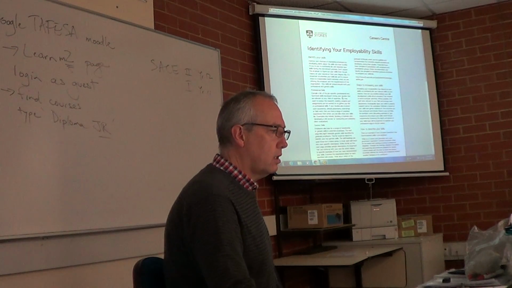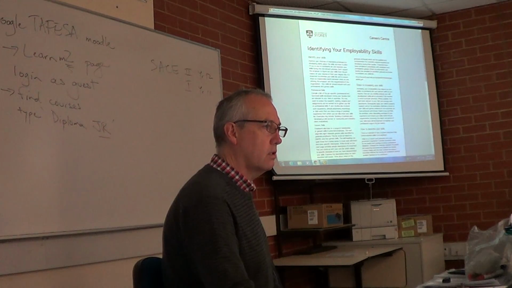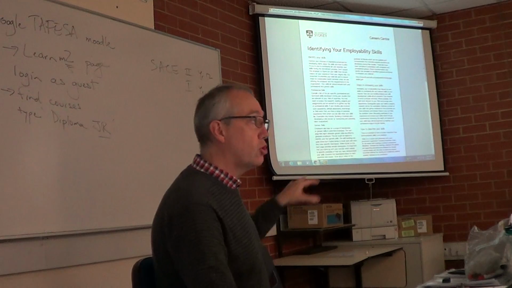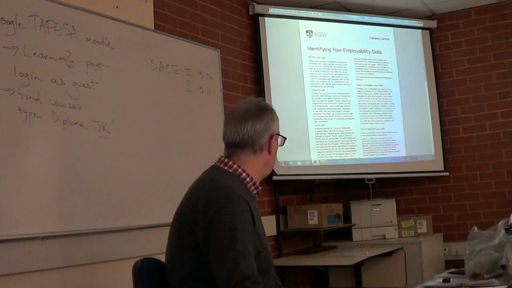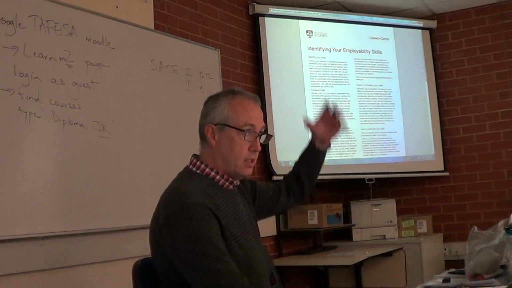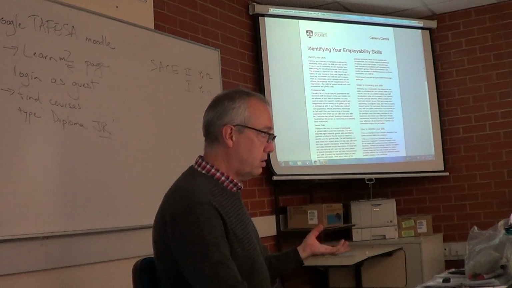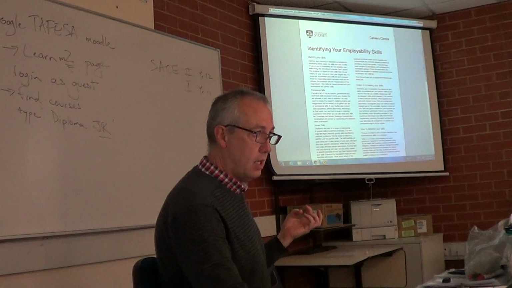About 20 years ago or more, there were surveys by a guy called Meyer and his team. They went around Australia. They surveyed employers, big and small, you know, BHP and the corner shop, and said, what do you want in an employee?